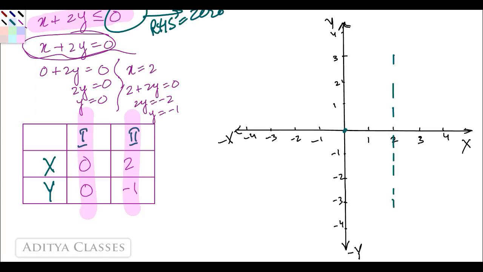Where is y is equal to minus 1? All this line is y is equal to minus 1. So, where is that point where x is 2 and y is minus 1? This is that point where x is 2 and y is minus 1.